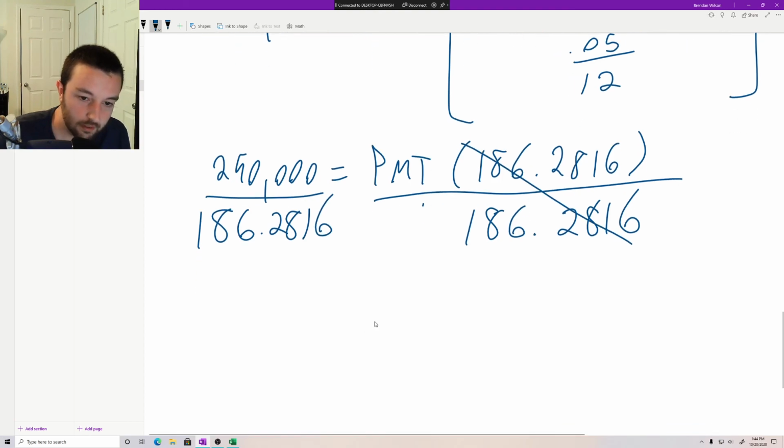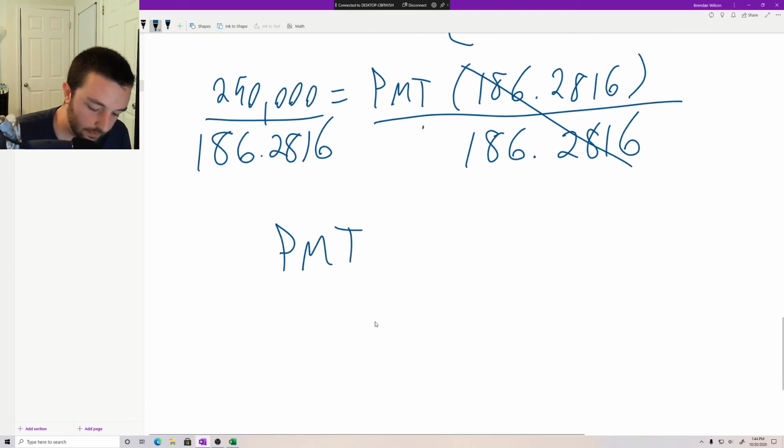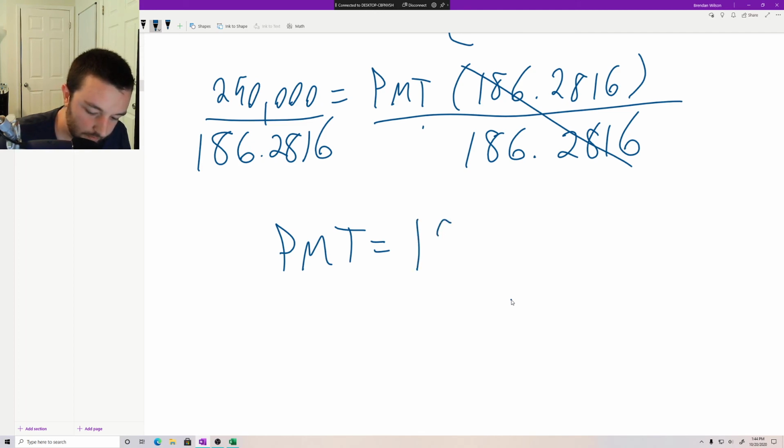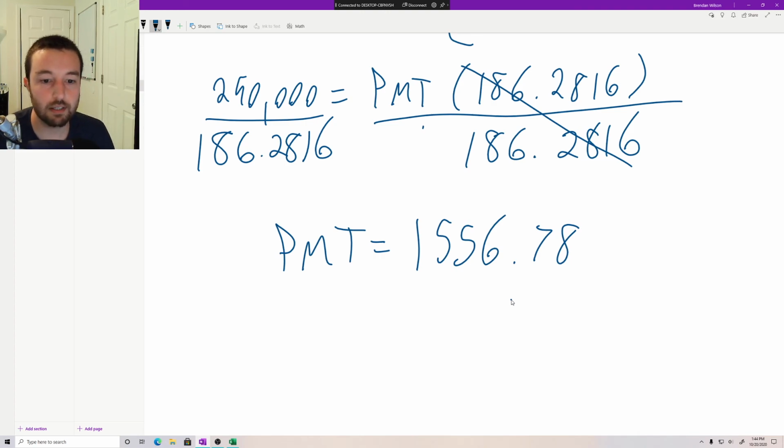These cancel, and then the payment is 290,000 divided by 186.2816, which is 1556.783. It's money, so we round to 2 decimal places: $1,556.78. Pretty expensive compared to rent prices here.